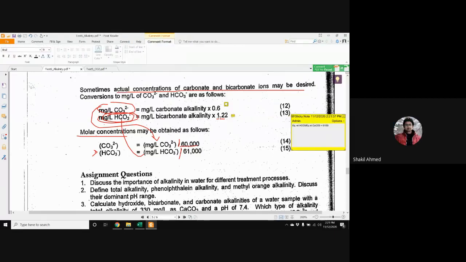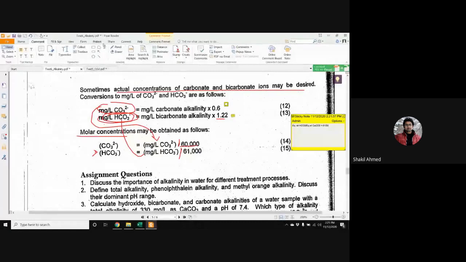Where did this 1.22 come from? You're converting into bicarbonate, right? So what is the bicarbonate equivalent weight?